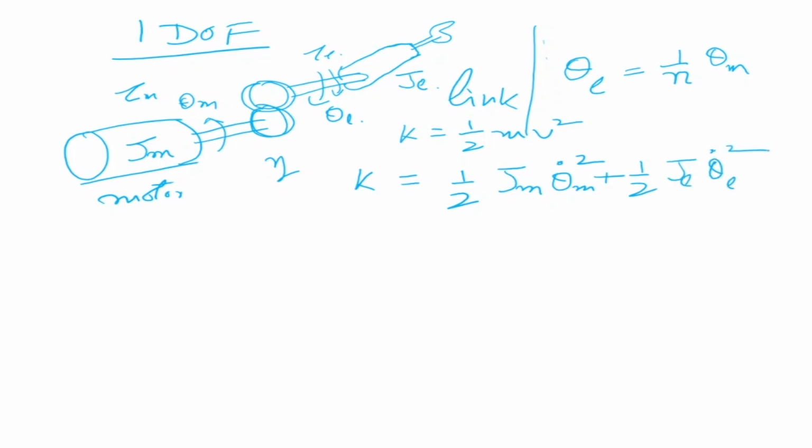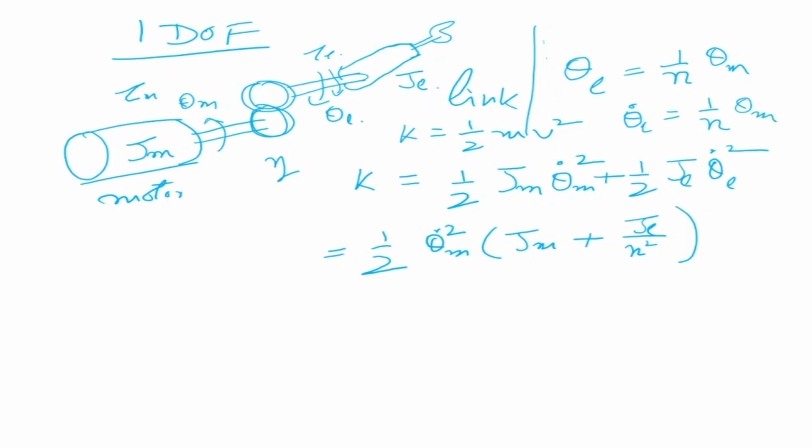We can take theta m dot squared outside, which gives half times Jm plus JL by n squared. Theta L dot is equal to 1 by n theta m dot from this equation, so theta L dot squared is equal to 1 by n squared theta m dot squared. From here I replace this and come here.